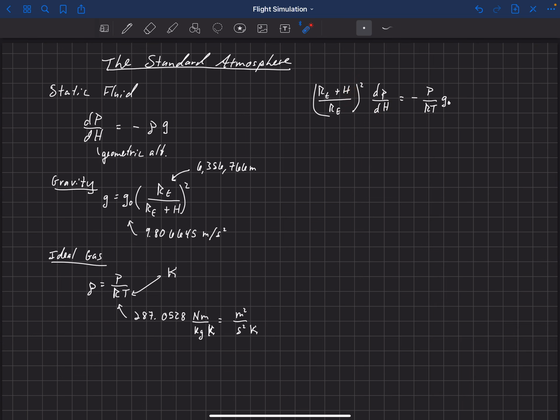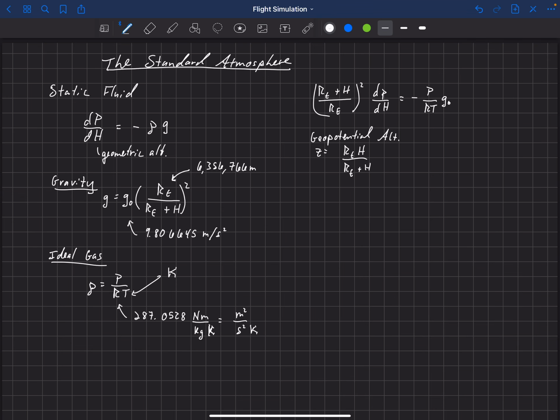So actually, you can do this slick change of variables. We're going to define a new variable called Z. Z is what's called the geopotential altitude. Okay, and Z is defined as RE times h over RE plus h. And I won't work through the math here, but it's pretty straightforward.